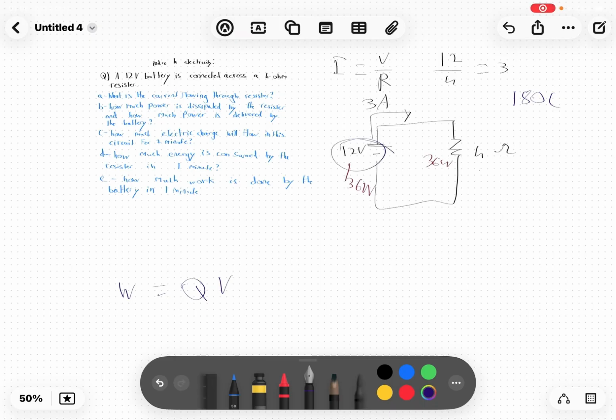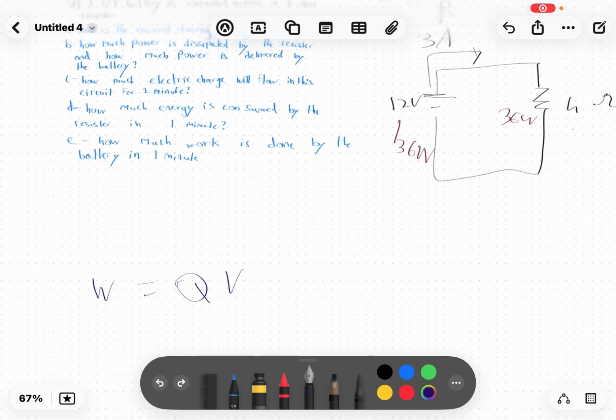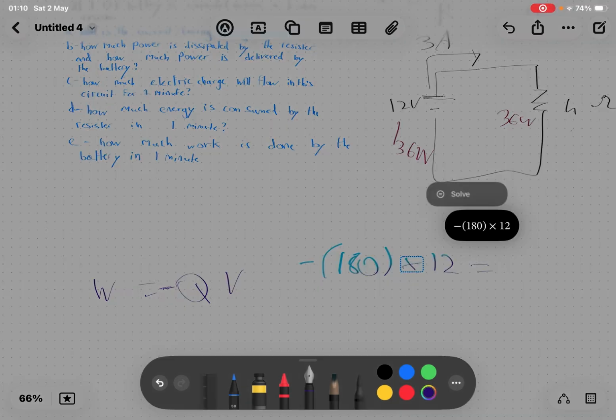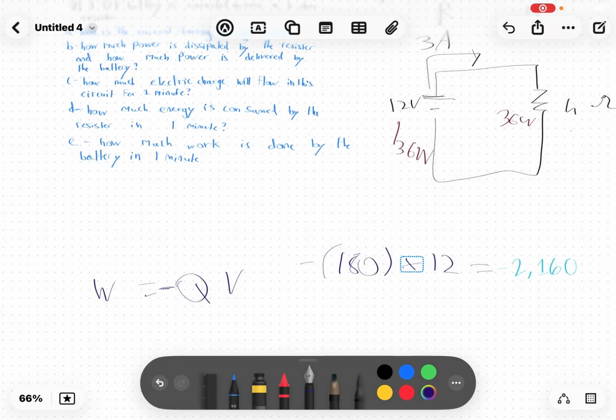However, because we're dealing with how much work is done, and when we calculate work done, it's in electrons, and electrons are negative, so we do the negative Q. So it's 180, but we put a negative, and then we multiply it by 12, which gives us 2160 joules.